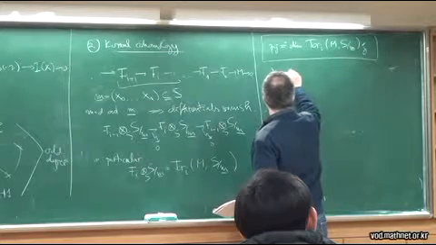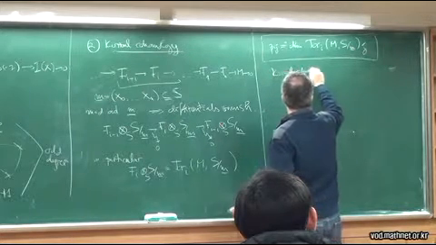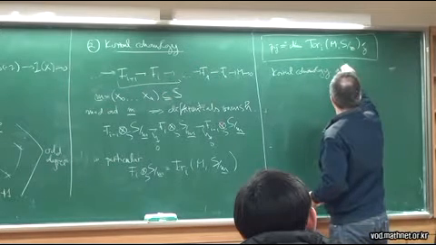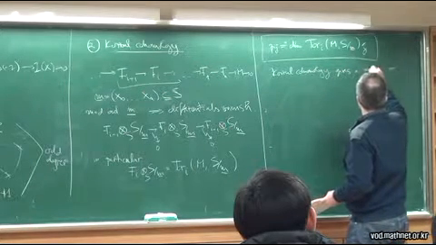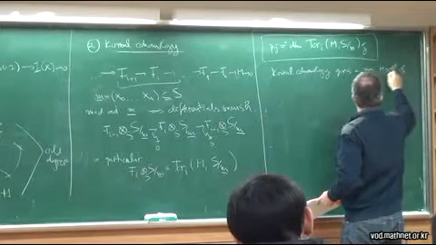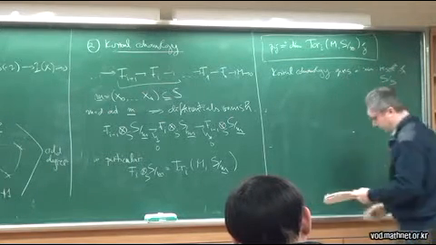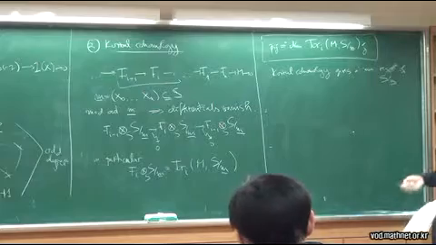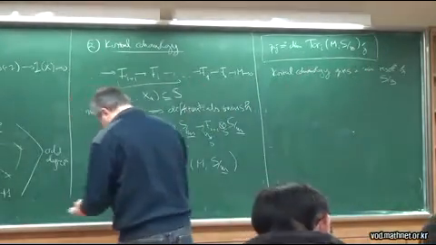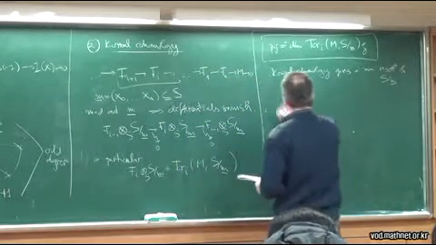So Koszul cohomology gives a minimal resolution of S over m, seen again as a finitely generated graded S-module. And the result is the following.